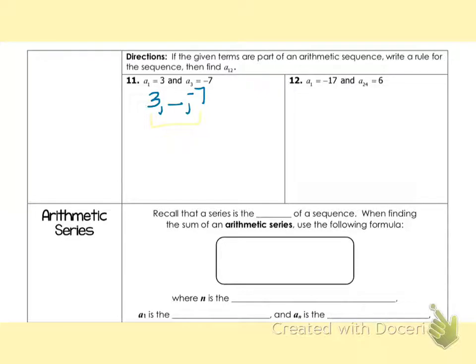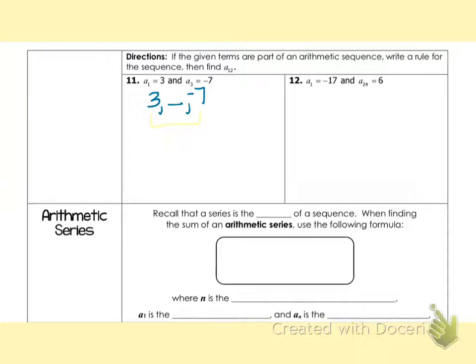So I went from 3 down to negative 7, so that's going down 10. Since it must have changed twice in between there, that middle term could be generated just by subtracting 5, which is half of 10.